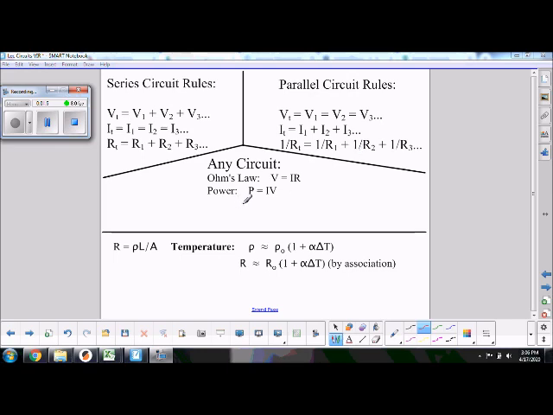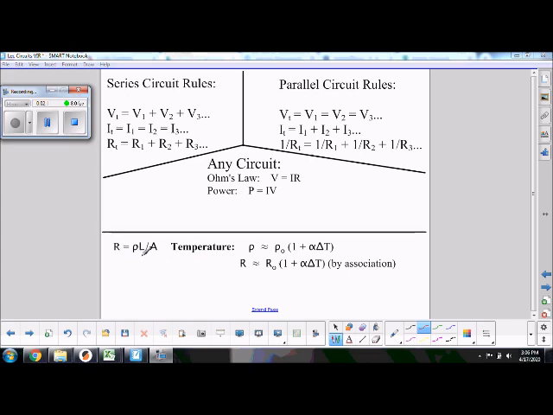For any circuit, you can use Ohm's law for the total voltage, total resistance, total current, or individual components. Individual resistors have their own resistance, the current going through them, and the voltage measured across them. Power for anything is P equals IV. And if you go back further, you've got the resistance equations.